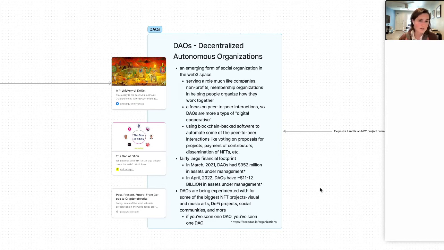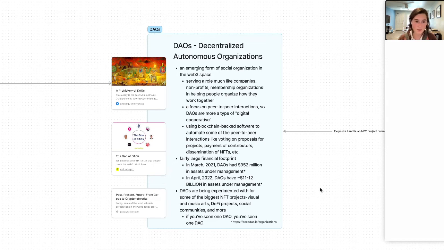The focus is on peer-to-peer interactions, though, because it's Web3. So what it's looking like is more of a type of digital cooperative in a way. A lot of the DAOs will use blockchain-backed software to help with those peer-to-peer interactions. So there's less hierarchy because people are working in more of a distributed, equal way to focus their efforts for projects, like voting on proposals, like which project do we want to do next, that kind of thing.